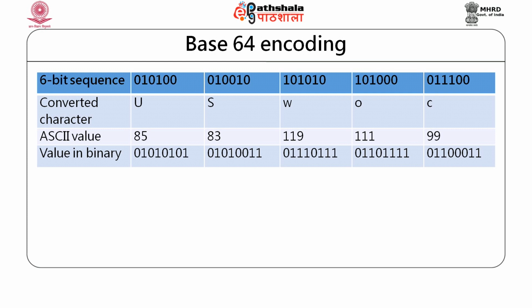It includes lowercase letters, uppercase letters and numbers, and a few other characters, making 64 total values. So, based on that, this 6-bit sequence is converted accordingly. When they are converted, their ASCII values are taken and then sent over. So, basically a 6-bit value is converted to an 8-bit value.